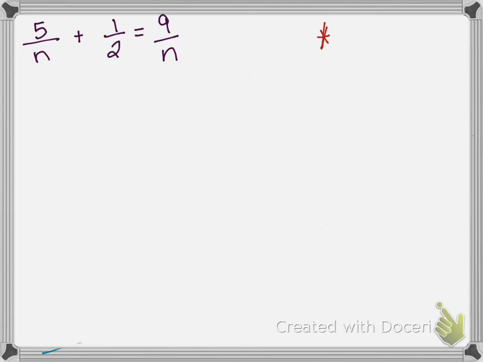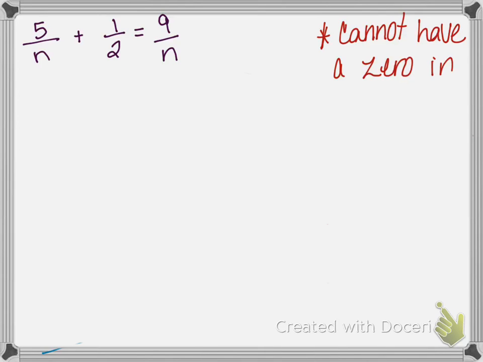We cannot have a 0 in the denominator. Okay? We cannot have a 0 in the denominator.